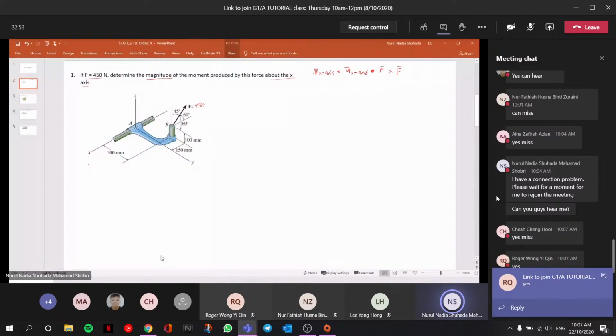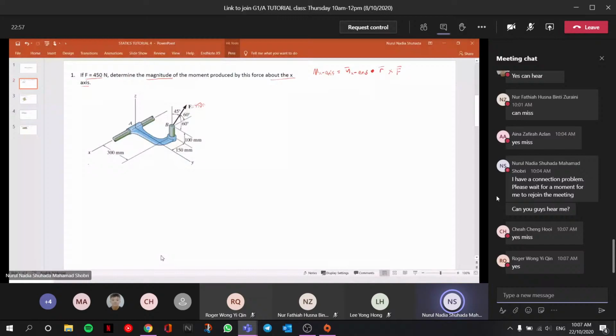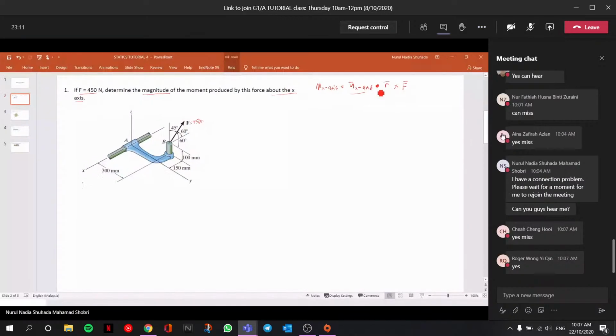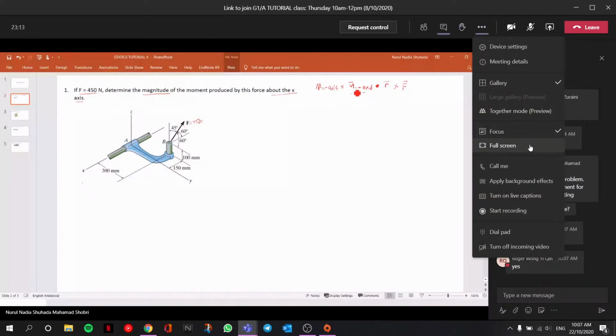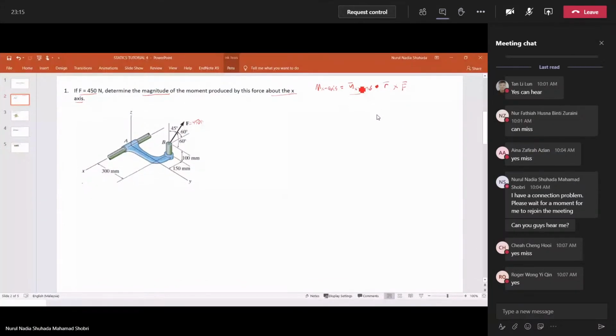For question number 1, it wants us to find the magnitude of the moment about the axis. When you have a moment about an axis, you have to use this formula. In this case, there are three values that you have to find: the unit vector at the x-axis, the r vector, and also the f vector.